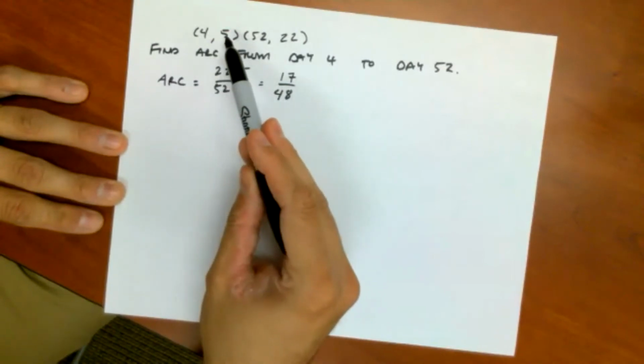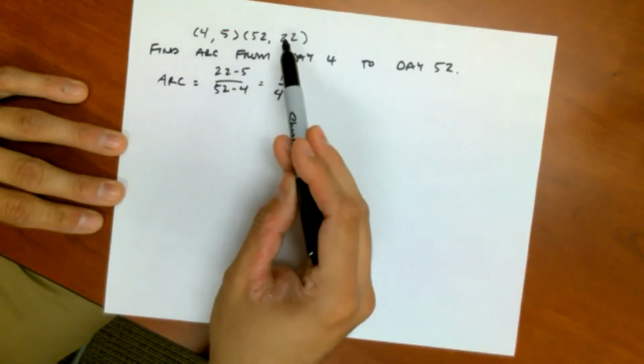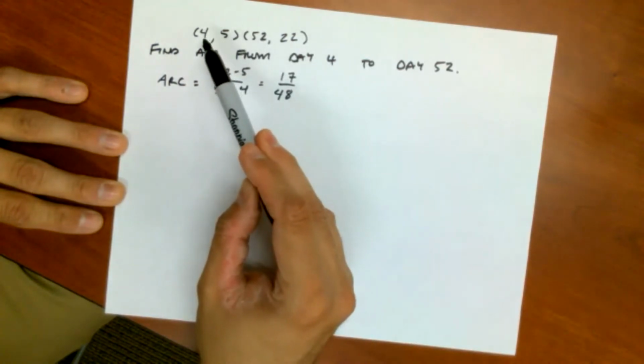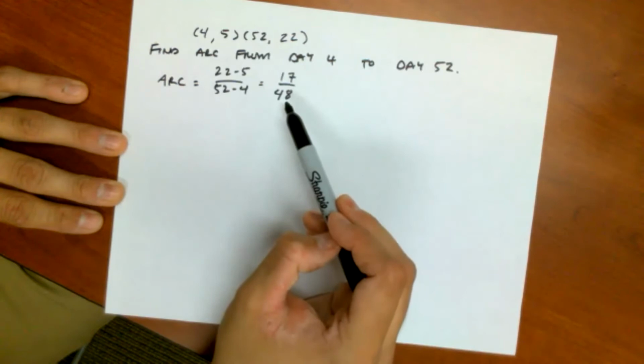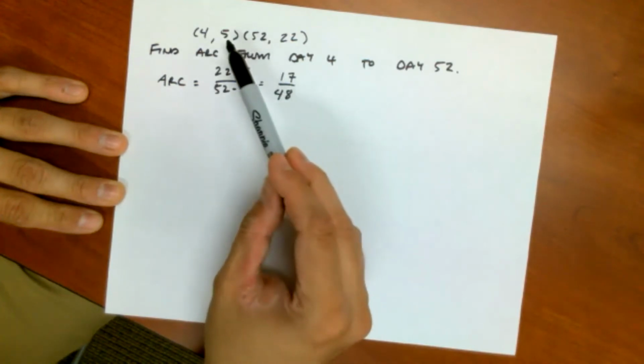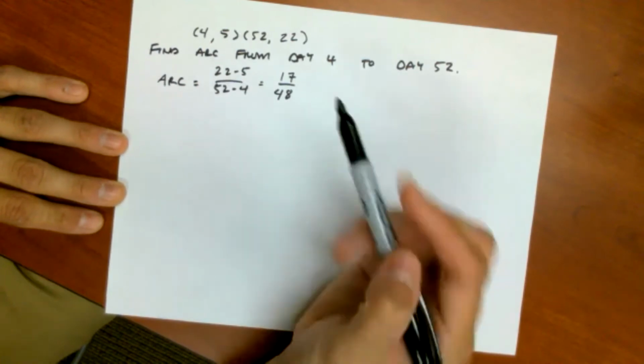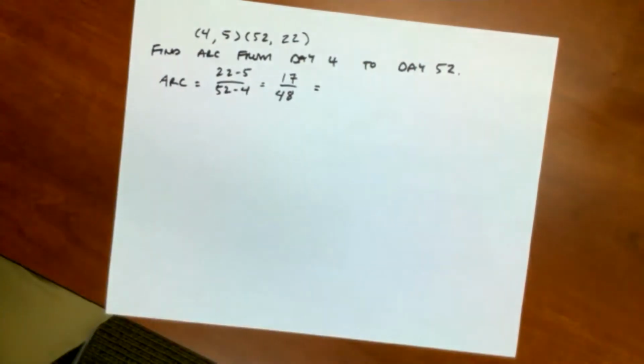We went from 5 deaths on the 4th day to 22 deaths on the 52nd day. So let's really talk about that in terms of a decimal, though, right? Per day. We want the per day jump.